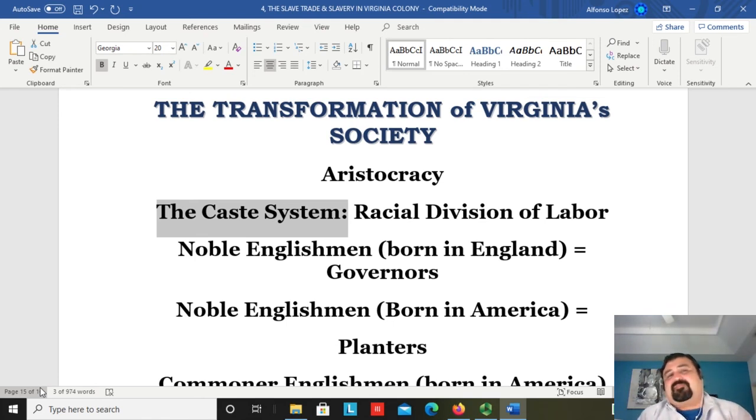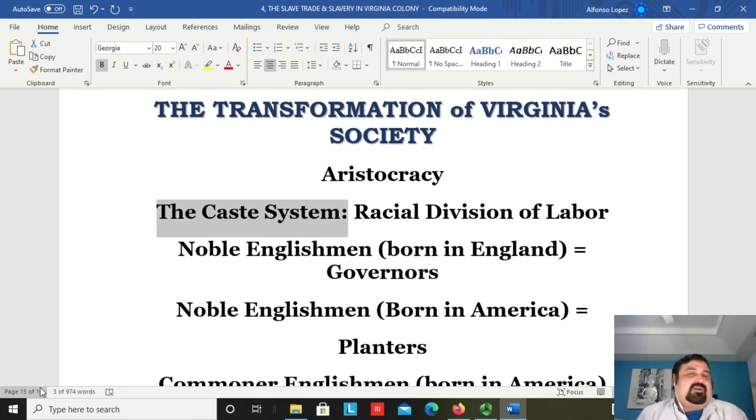Again, in the ancient world, the groupings were divided based on trade and occupation. But what's going to happen here in Virginia, and is happening in many places of the American continent, is that people are divided into different groups based on occupation, but on top of that, each group that performs a different duty, function, or trade is going to belong to a specific racial category. This is the division of society into different races, and each race is given a specific occupation or duty to perform.